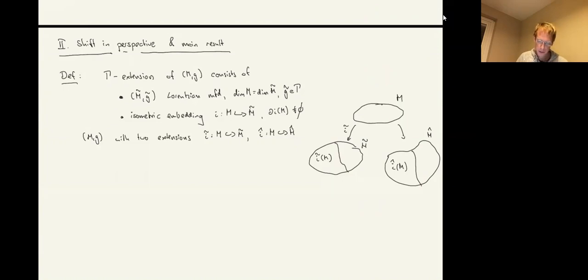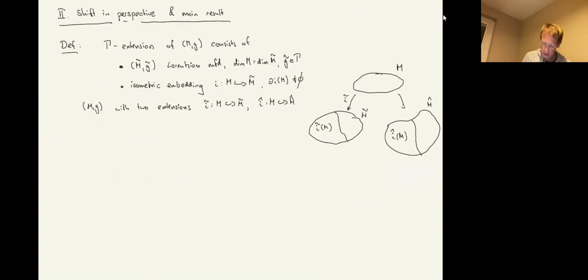So this is the shift in perspective, that we don't just look at smooth boundaries which we attach to the spacetime, but extensions. Let me tell you now two issues which crop up when we make this shift.